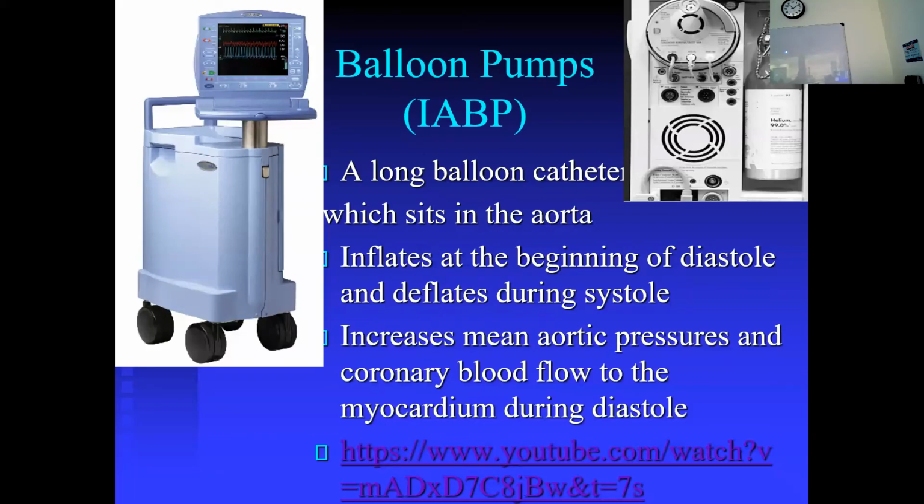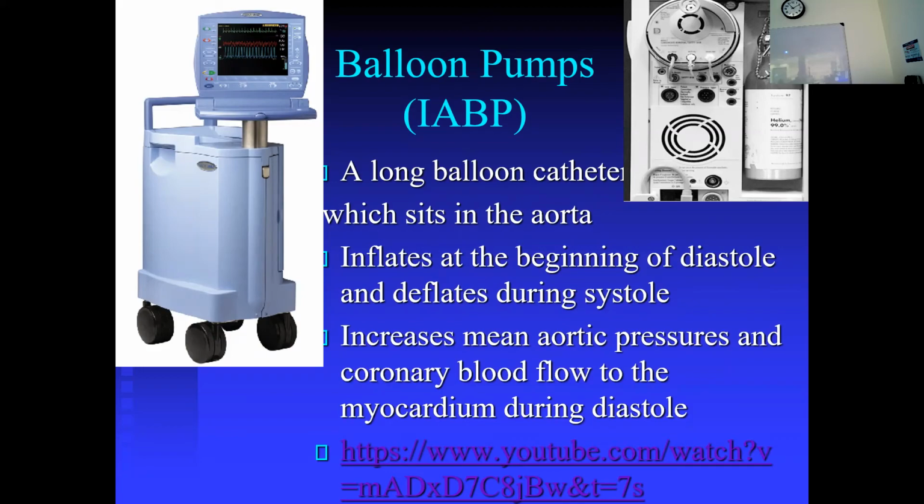So there's a big machine that sits at the bottom of the patient's bed, and there's a big catheter that goes up their femoral artery, and the catheter sits in the descending aorta. And it's about a foot long, and it's got a balloon on it. And when the heart is in diastole, it inflates.